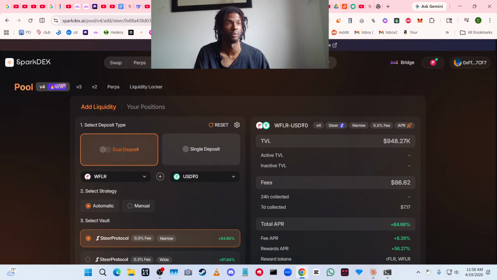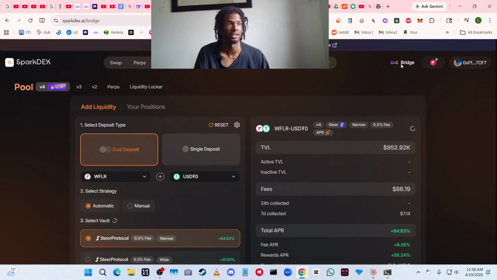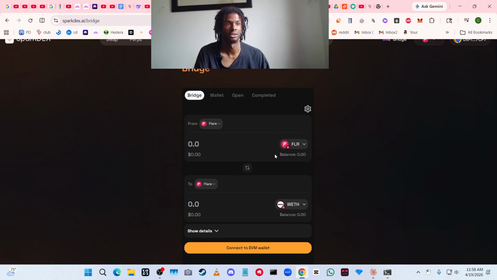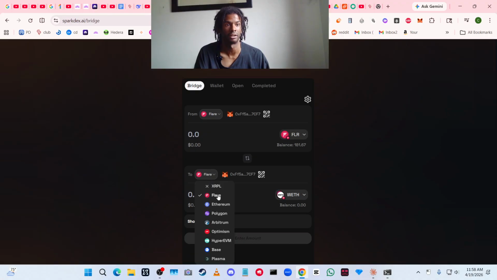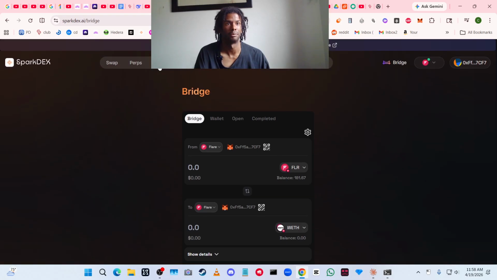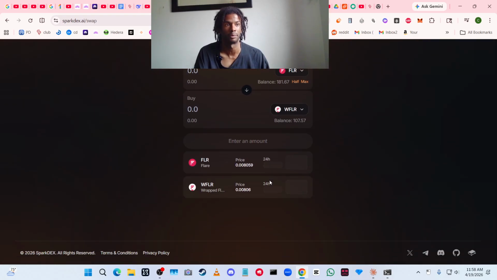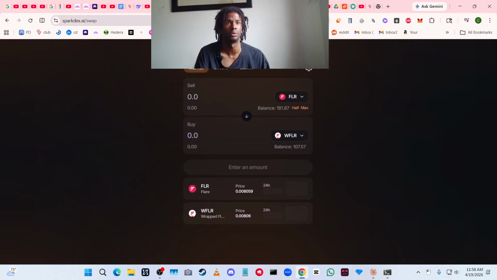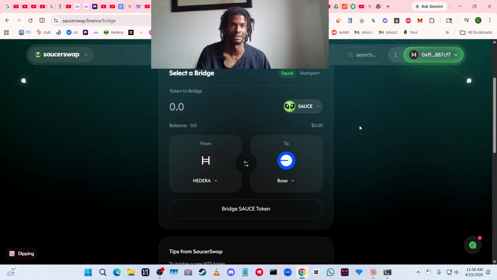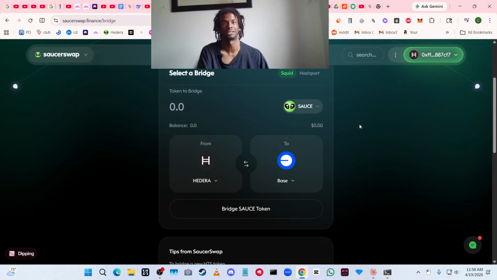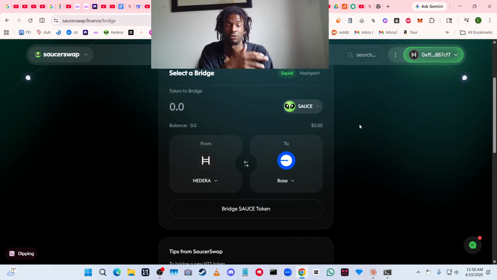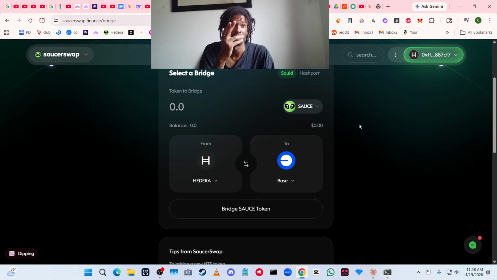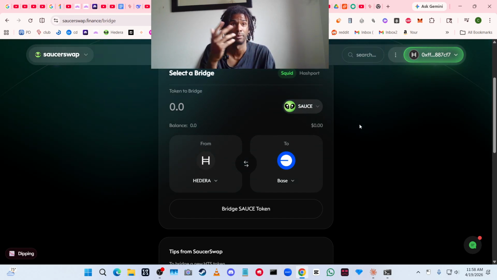If you remember on SparkDex, they had this bridge section so you can go between Flare and XRP, but you also have your swap section. I'm using the Flare network for Flare and XRP, and Saucerswap for my HBAR.